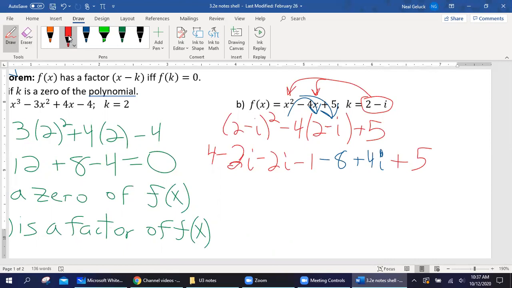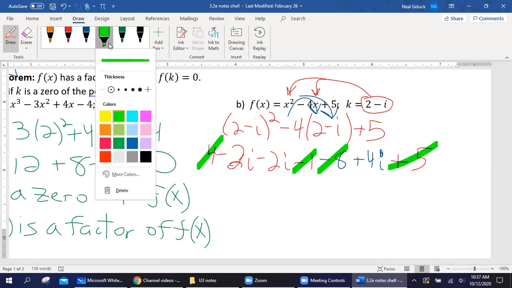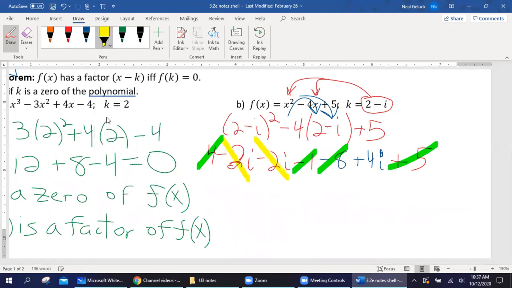So looking at my real numbers, I've got 4 minus 1, so 3, minus 8, -5, plus 5, 0. So those all zeroed out. If I look at my imaginaries, minus 2i, minus 2i, plus 4i. Hey, looky there, everything's zeroed out. So what does that tell me?